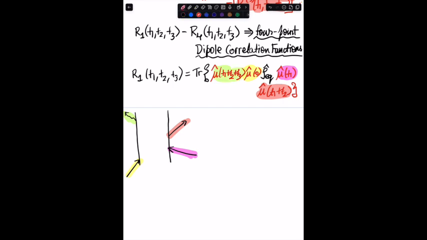Now we can rewrite this in the form of the 4-point dipole correlation function, which would involve the movement of this term and this term towards the left, and then the trace of some quantity with the equilibrium density operator can just be written as the equilibrium correlation function of that specific quantity.